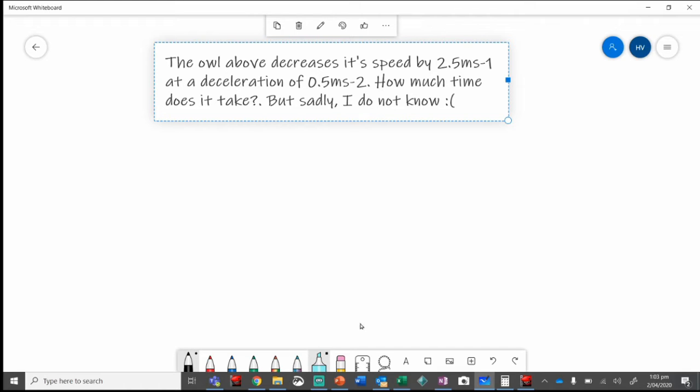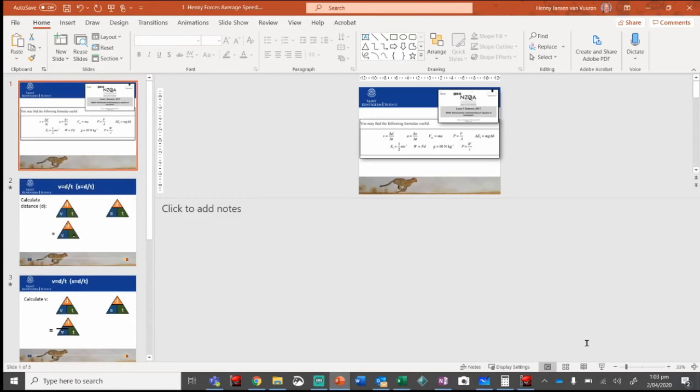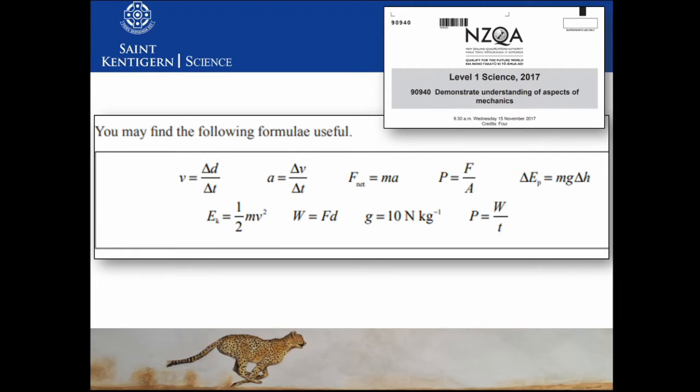Just to remind you, in the exam or even in the test, they will always give you all the equations. So here are your equations, and they have given us velocity and acceleration, and we want to know the time.